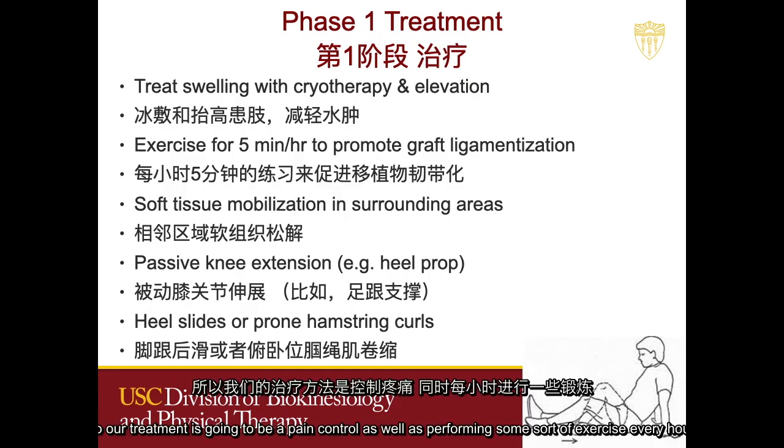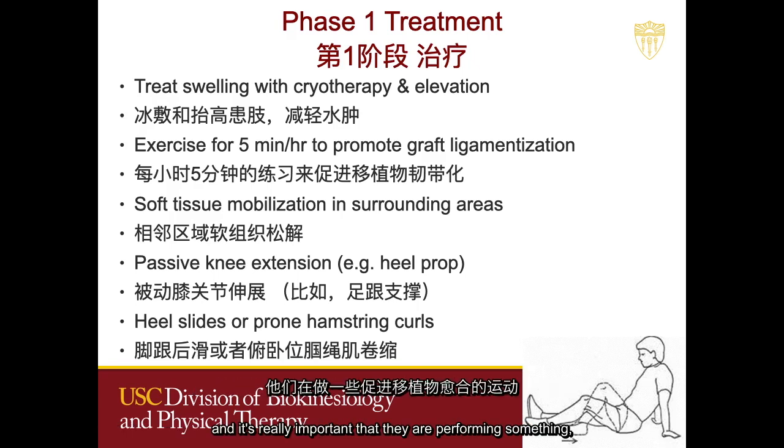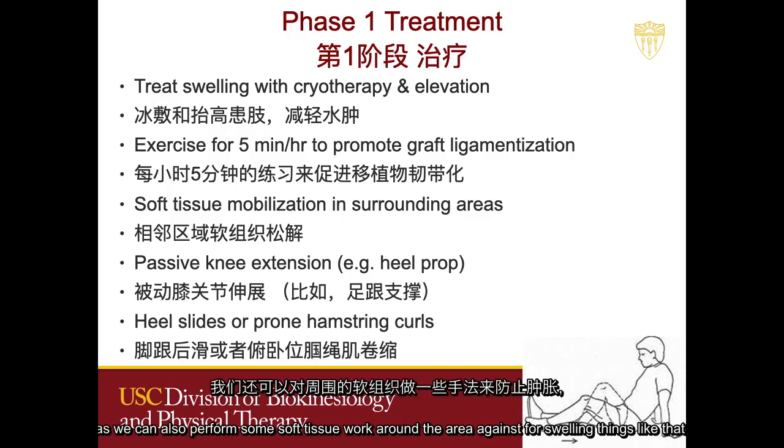So our treatment is going to be pain control as well as performing some sort of exercise every hour. And it's really important that they are performing some sort of movement to promote the healing of the graft. And we can also perform some soft tissue work around the area, again, for swelling, things like that.